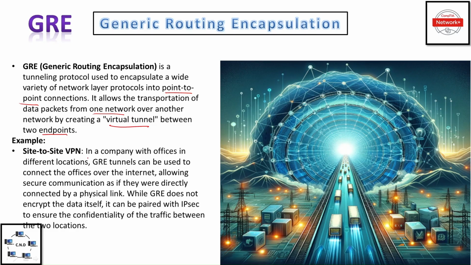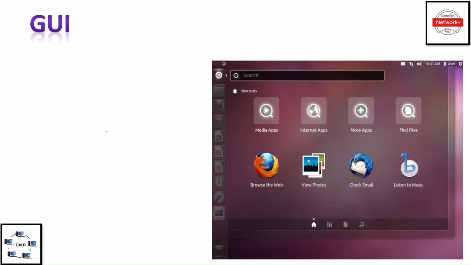For example, in a site-to-site VPN, in a company with offices in different locations, GRE tunnels can be used to connect the offices over the internet, allowing secure communication as if they were directly connected by a physical link. While GRE does not encrypt the data itself, it can be paired with IPsec to ensure the confidentiality of the traffic between the two locations.